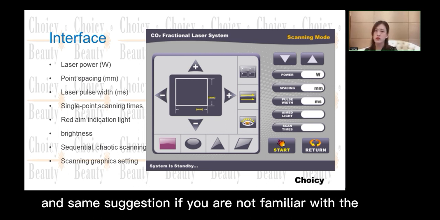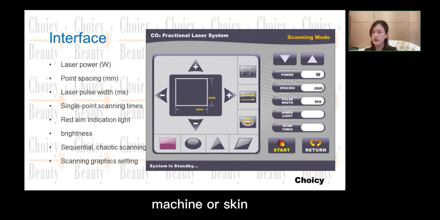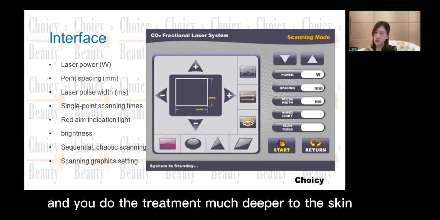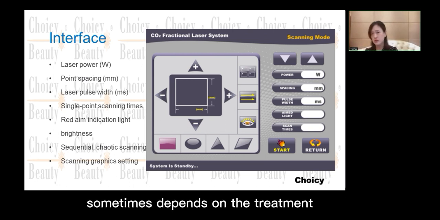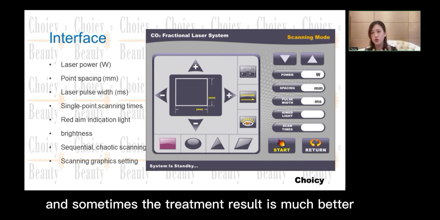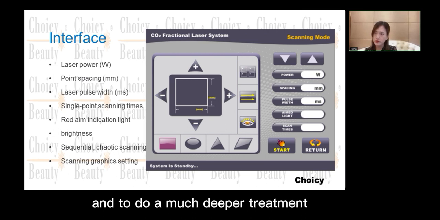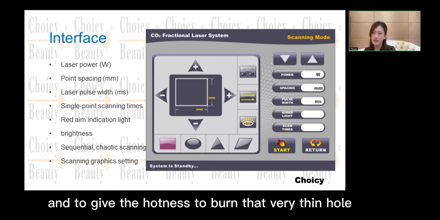Same suggestion: if you are not familiar with the machine or skin, we suggest you use scanning time 1. When you are very familiar with all the energy functions, you can double the scanning time. With scanning time 2, the treatment goes much deeper into the skin tissue and gives heat to burn that very thin hole.